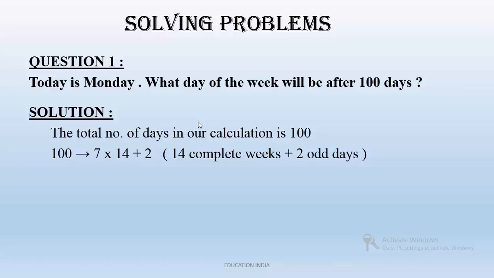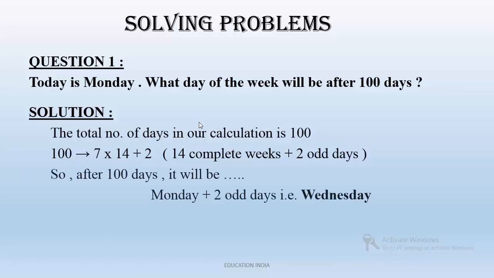So the total number of odd days will be 2, because 100 consists of 14 complete weeks, each week having 7 days, plus 2 odd days.